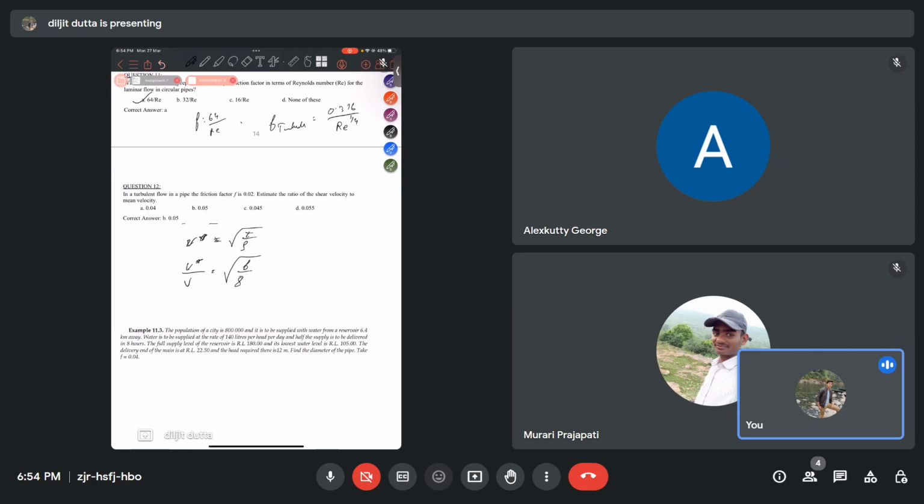This derivation was done while we were studying turbulent flow and laminar flow. So the friction factor is 0.02, and it will come as 0.05. Just go through previous lectures, I think week 3 or week 4, where we derived how the shear velocity is obtained for laminar and turbulent flow.